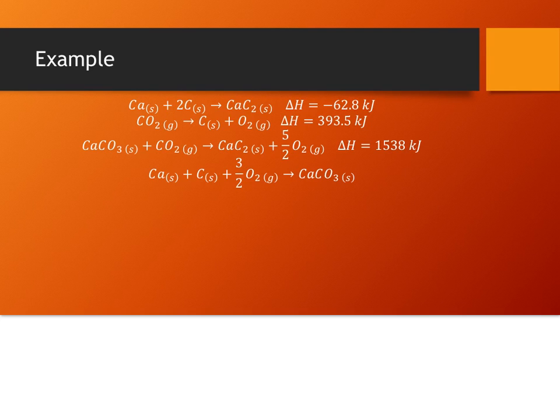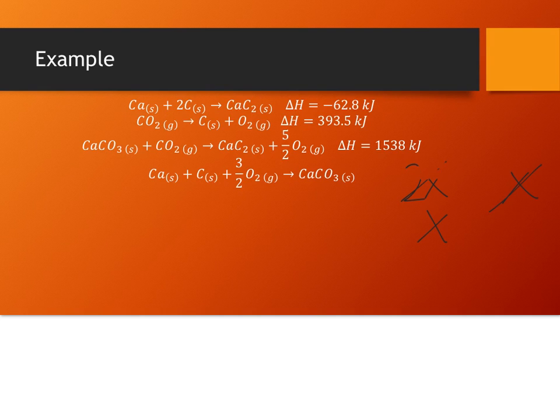However, notice we have 2 carbon up here. So if I have 2 carbon as a reactant and 1 carbon as a product, I can cancel off 1 carbon from both sides. Thus, instead of saying 2x and x, I can just say x.